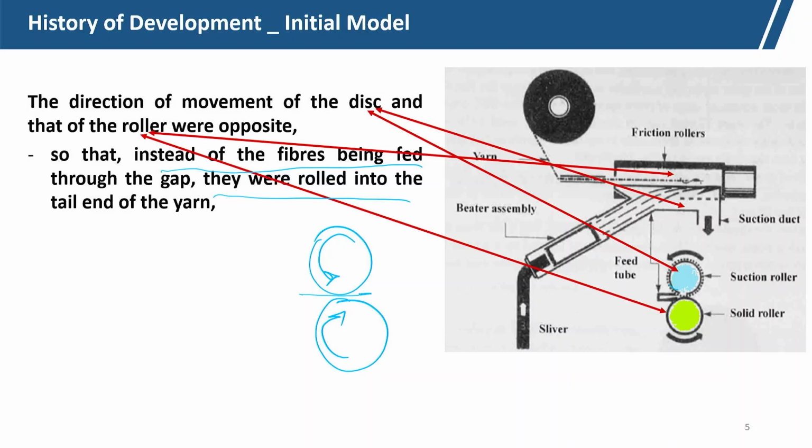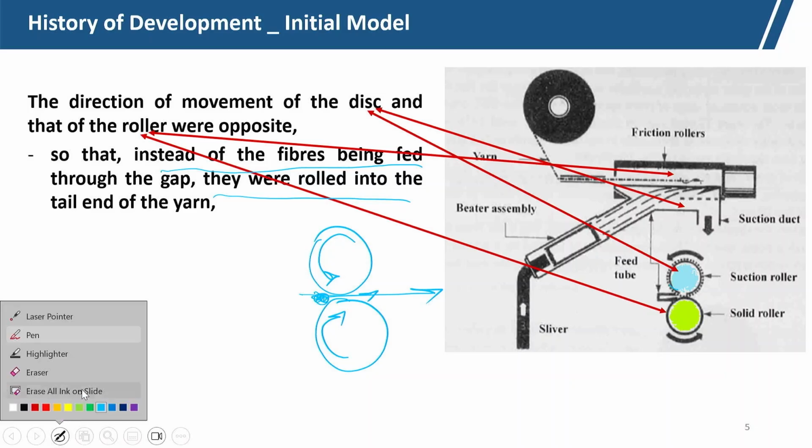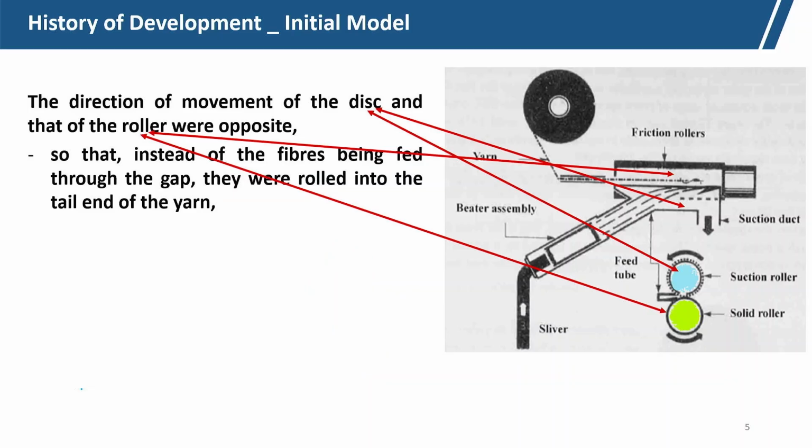If they were in the same direction, what would happen? The fibers which were deposited will simply be thrown out. So, there will not be any twist application. So, the twisting is done due to the movement in opposite directions.